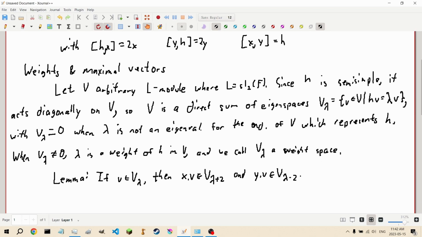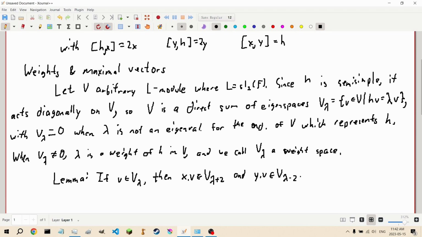And the proof is just by direct computation. We'll go through one case, and the other one is just symmetric.